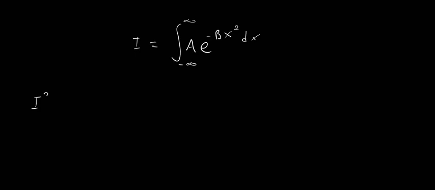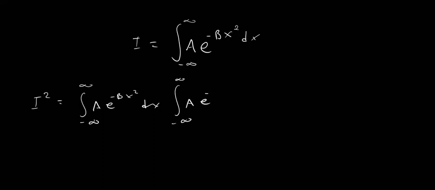So I squared would just be equal to the integral from minus infinity to infinity of e to the minus bx squared dx times the integral from minus infinity to infinity of e to the minus bx squared dx. Well, what's to stop us from changing the variable in the second integral?